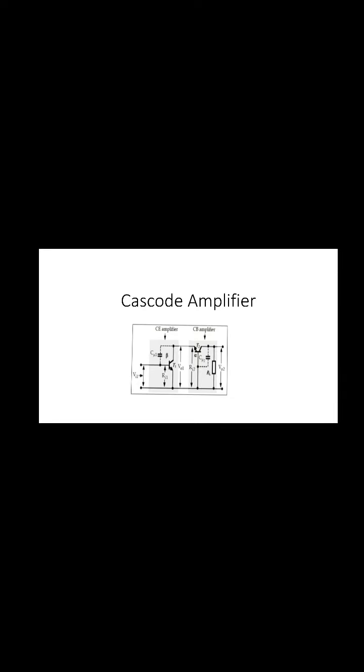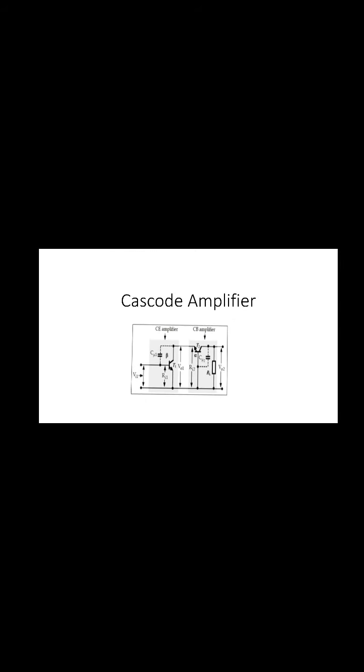So we have to calculate the overall gain of these two combinations. The overall gain is multiplication of the two amplifiers, that is A01 into A02.